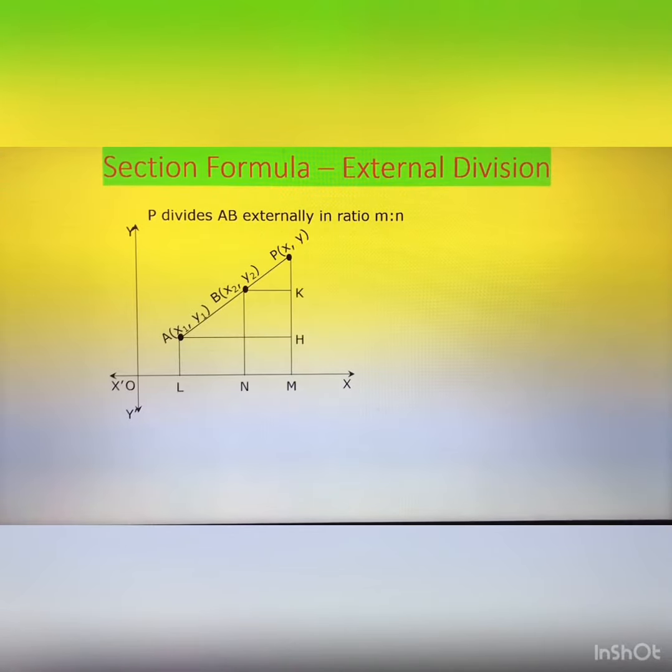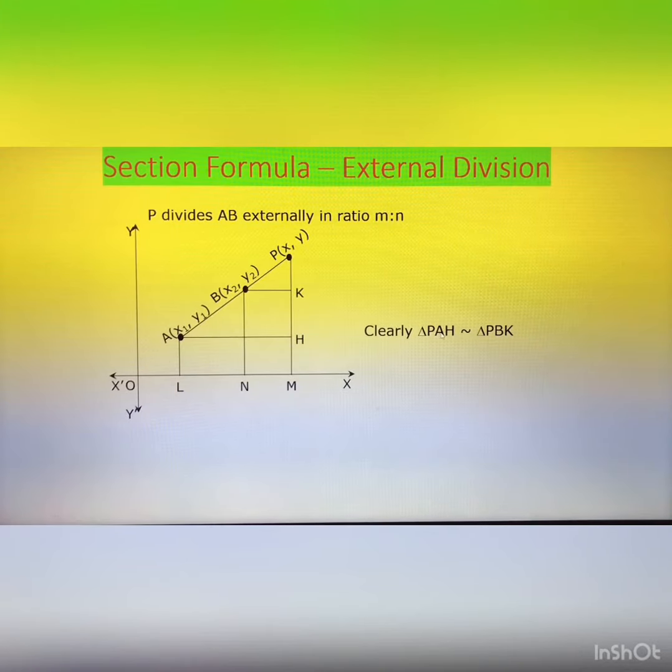After that, join the lines parallel to the x-axis, naming these L, M and H, K and P. Once again we will get these two triangles similar by AAA criterion, because this angle is 90 degrees and this is the corresponding angle, and this angle A and angle B are also corresponding angles.